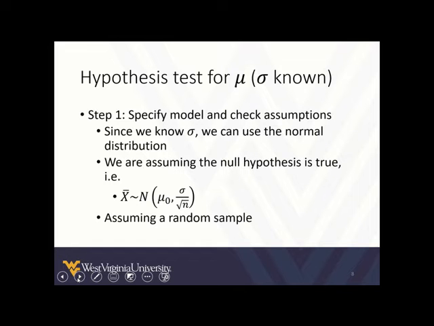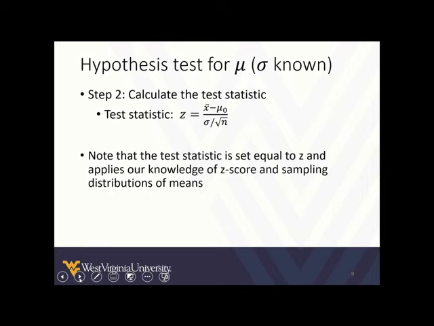Also, we need to specify our model and check our assumptions in step 1. Since we do know the population standard deviation, and we are working with the knowledge of having the population mean and the population standard deviation, we can compare this to the normal distribution. And so we will be using our understanding of sampling distributions of the mean, and we also need to assume that we have a random sample.